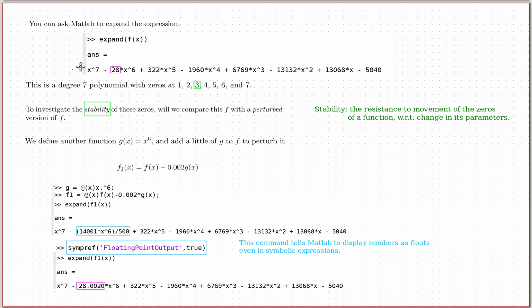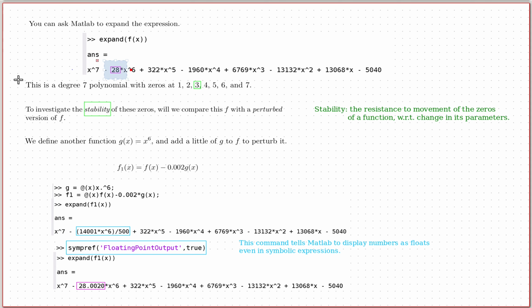So for example, in this case, you could think of the parameters of the function as being the coefficients of the monomials here. And we'd like to know if we make slight changes in those coefficients, what effect does that have on the zeros of the function? So if the function is stable, that would mean that a slight change in the coefficients would have only a slight change on the zeros.